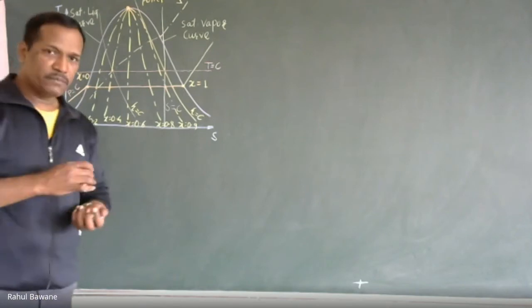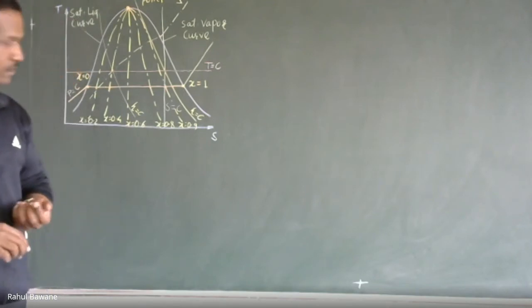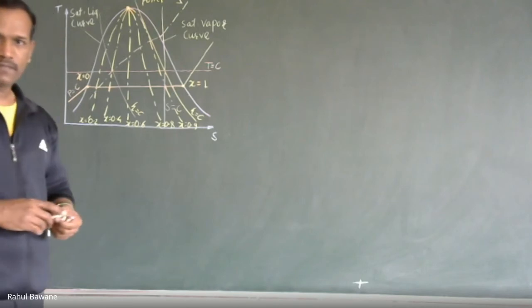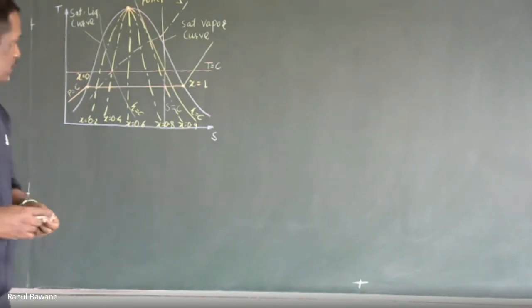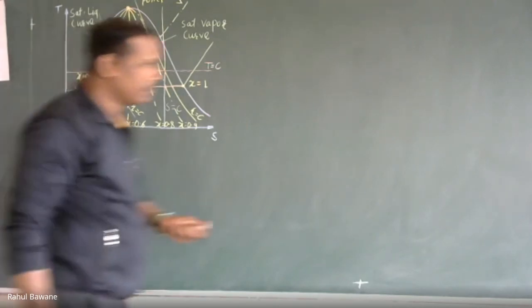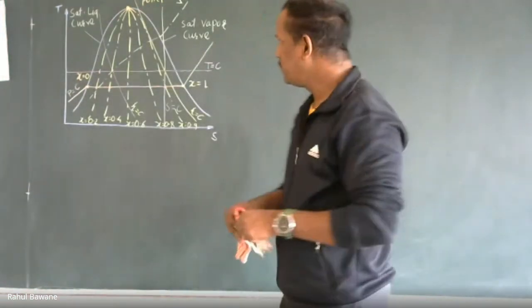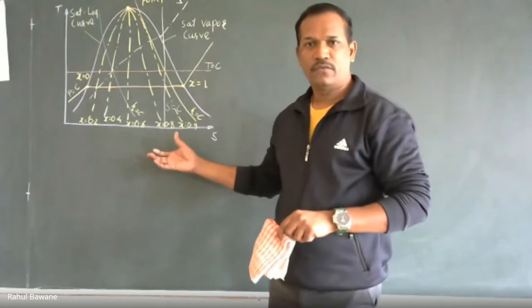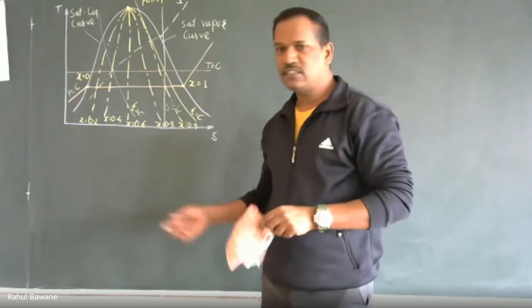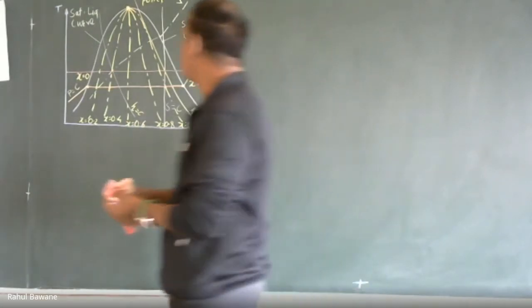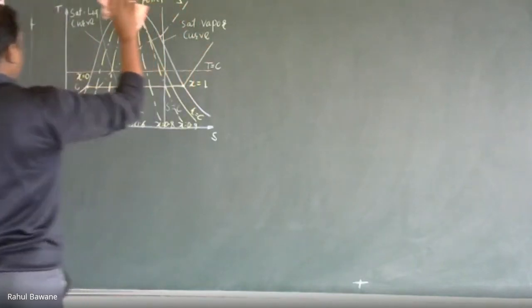Now the most important part, the properties. To make it more simplified, I will erase the other unnecessary lines. Hopefully you now know the various lines drawn or available on the TS diagram.